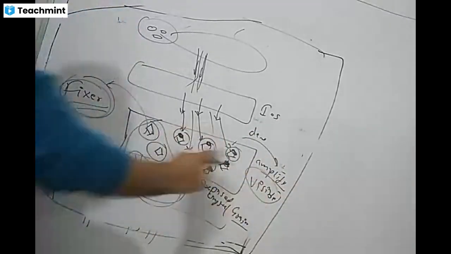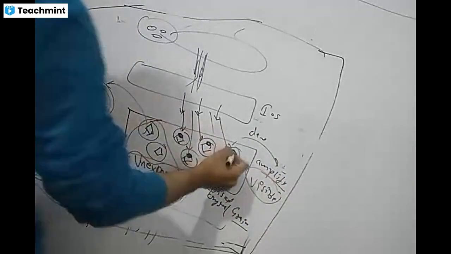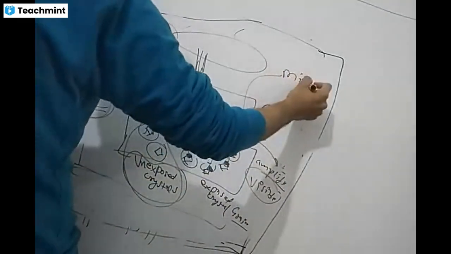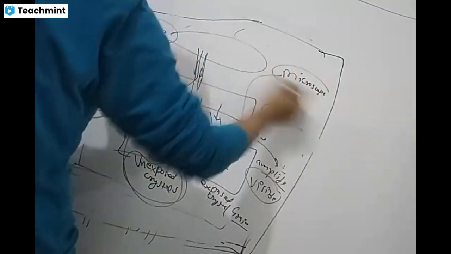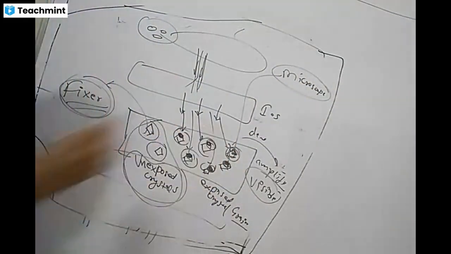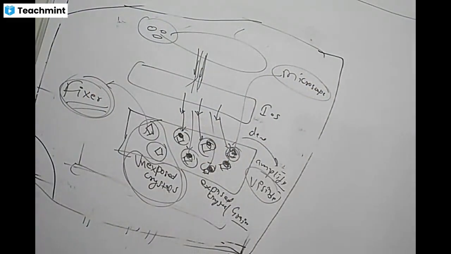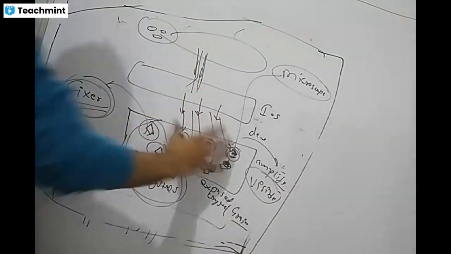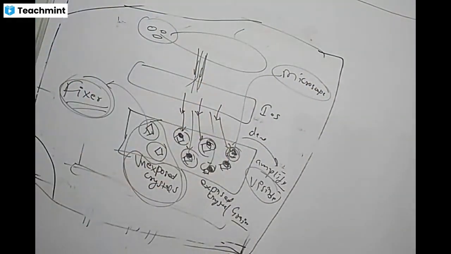So at this level, they are not visible even with the microscope. These tiny structures are not visible. Because they are not visible, they are called invisible or latent image.